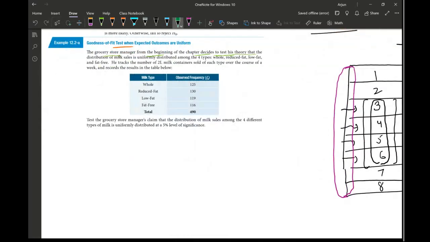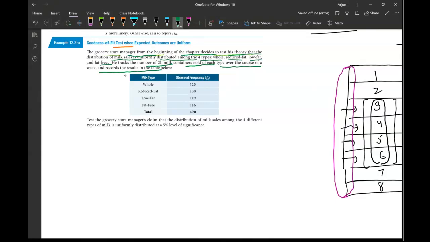A grocery store manager decides to test his theory that the distribution of milk sales is uniformly distributed among the 4 types: whole, reduced fat, low fat, and fat free. He tracks the 2-liter milk containers sold of each type over the course of a week and records the result in the table below.